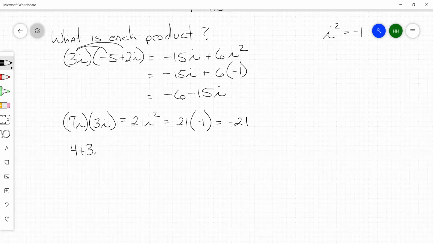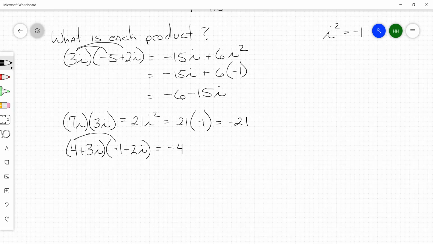4 plus 3i times 1 minus 2i. This is double distributive property. All right, you got your 4 times your 1, which is 4.